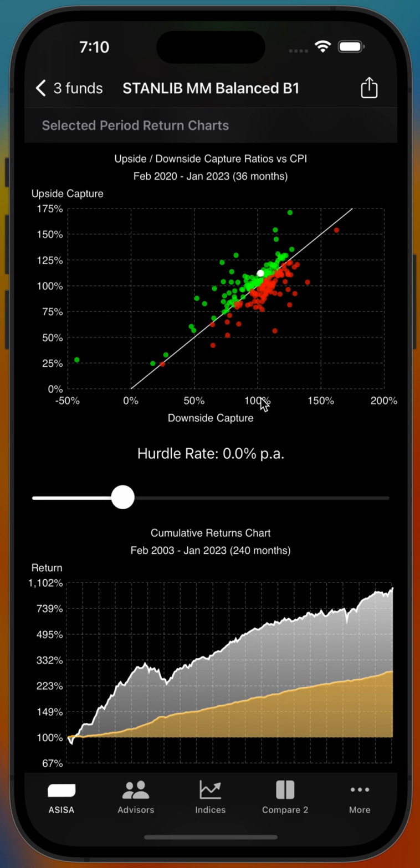Okay, now you can be above the line and above 100%. In other words, you capture more of the upside and more of the downside, but the ratio of upside to downside is greater than 1. Okay, but you can also be below 100%. Okay, it just means you're capturing more of the upside than you are of the downside on a relative basis.